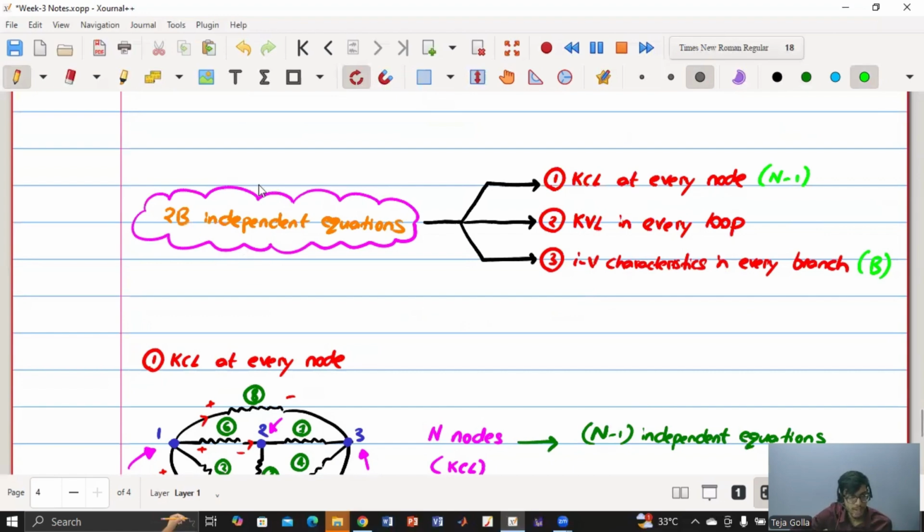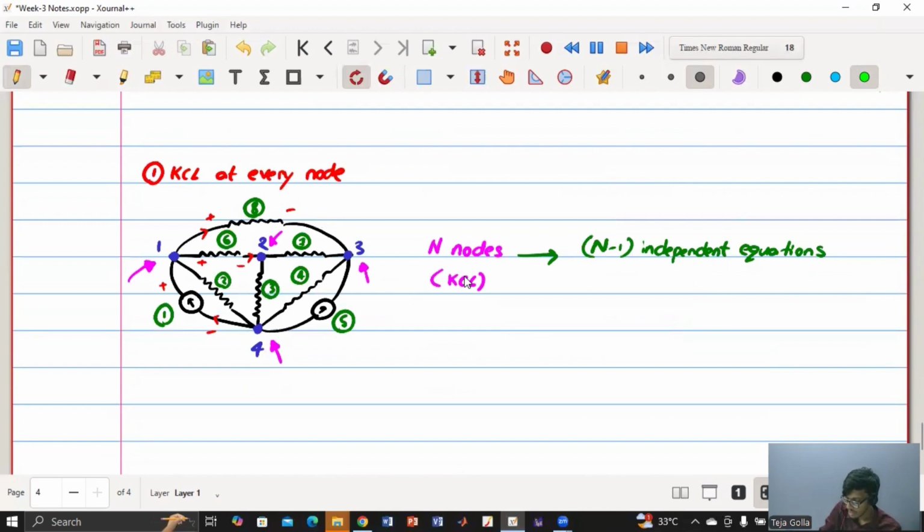We are talking about independent equations. Overall, we'll be getting how many equations? N equations if you apply at every node. But how many independent do we need? We'll be getting n minus 1 independent equations, because one equation will be redundant, and why it will be redundant, that sir has explained in detail.